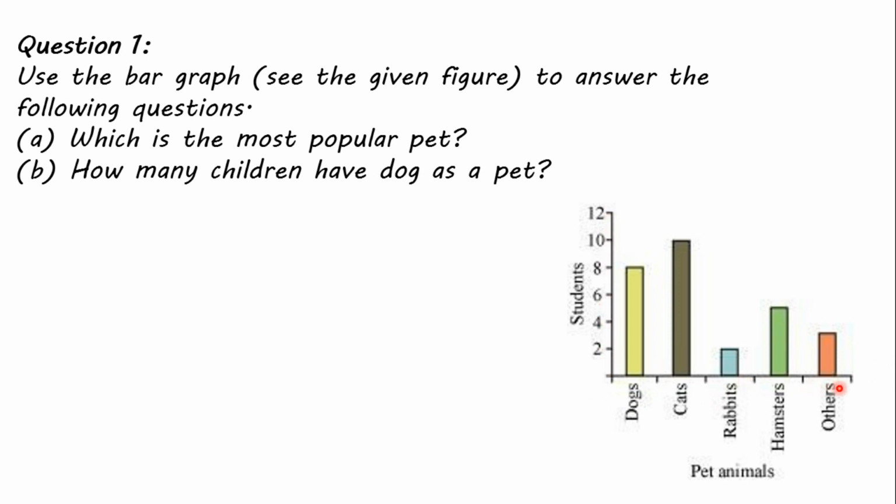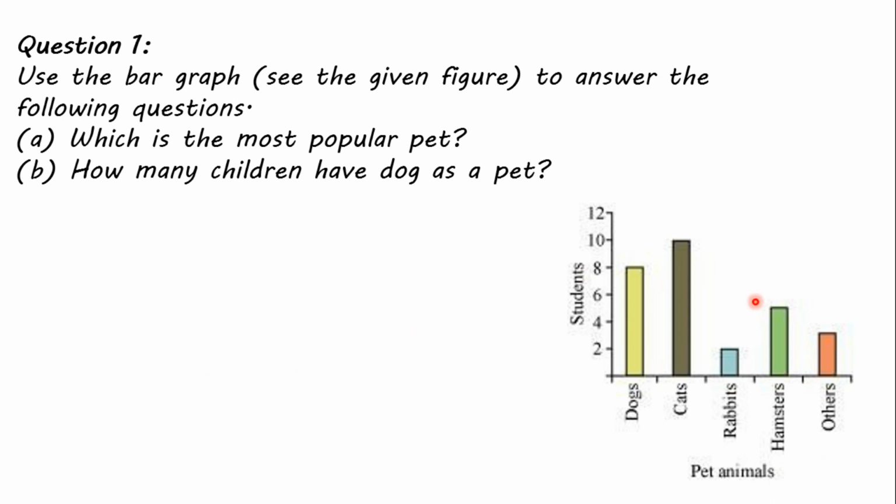Horizontal axis is known as x-axis. If we talk about vertical axis, it is known as y-axis. In horizontal axis we have given the information about the pet animals, and in y-axis we have given the information about number of students who like the following pets.